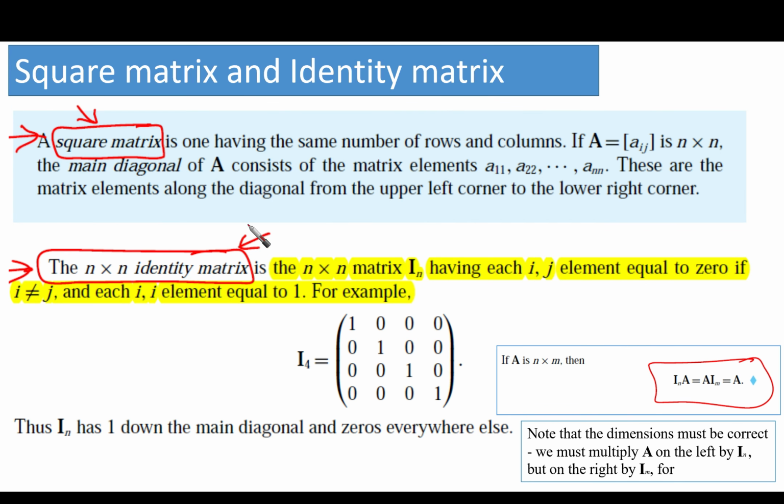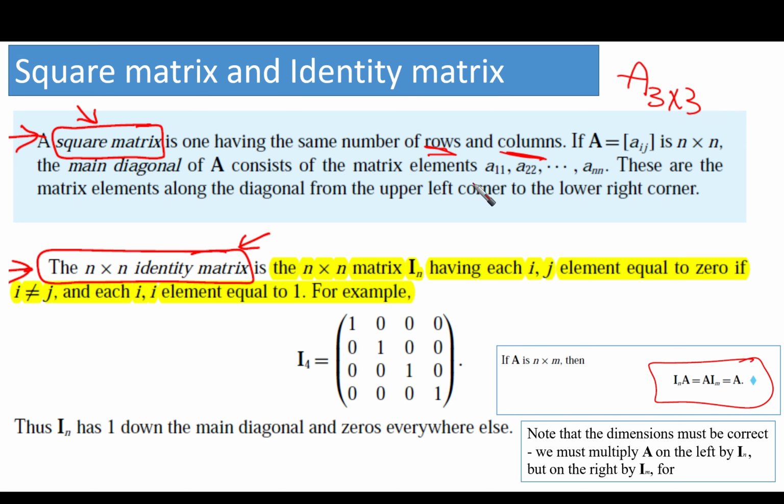Now let's go to the next, which is the square matrix and the identity matrix. The square matrix is the one having the same number of rows and columns. So if we have A 3 by 3, for example, this is a square matrix.